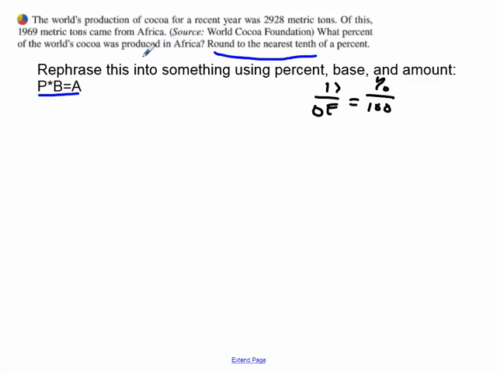Another way to phrase that might be: Africa is what percent of the world? I'm paraphrasing here, only because we need to rephrase all this information into one sentence that allows us to use P, B, and A, or is to of as percent is to 100. So here's my summary: Africa is what percent of the world?